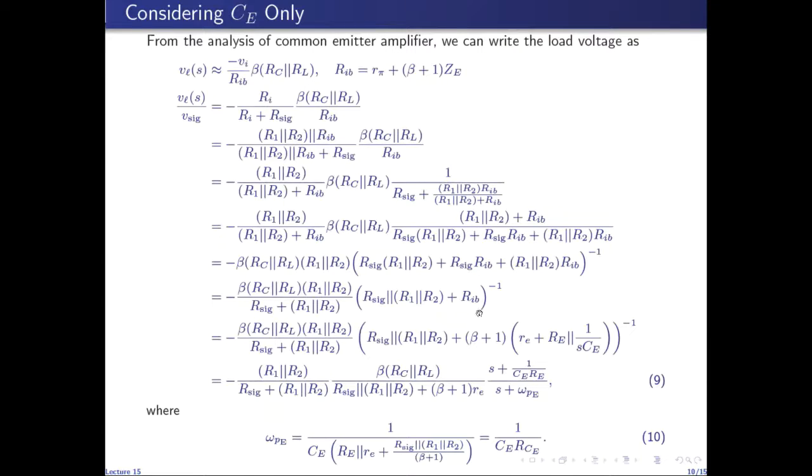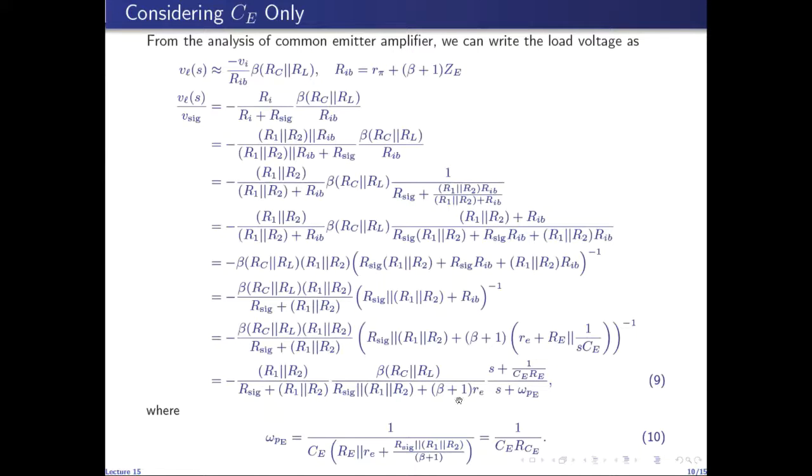So I can expand RIB by replacing ZE with RE in parallel with 1 over sCE, and r pi is beta plus 1 times small re, so I can take beta plus 1 out common, and this is what I'll get. And I can again take R sig in parallel with R1 in parallel with R2 plus beta plus 1 times small re out.